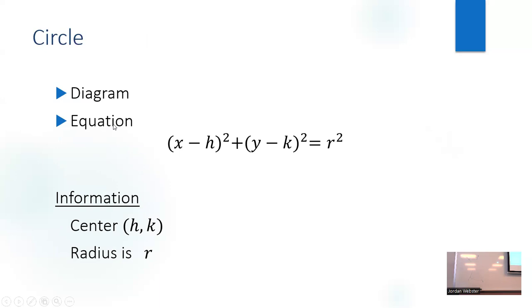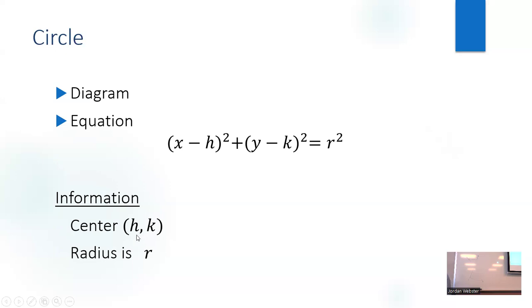So let's talk about some conic sections. We're going to start with a circle. I'll draw a depiction of a circle, but all circles can be rewritten in this way. x minus h quantity squared plus y minus k quantity squared equals r squared.